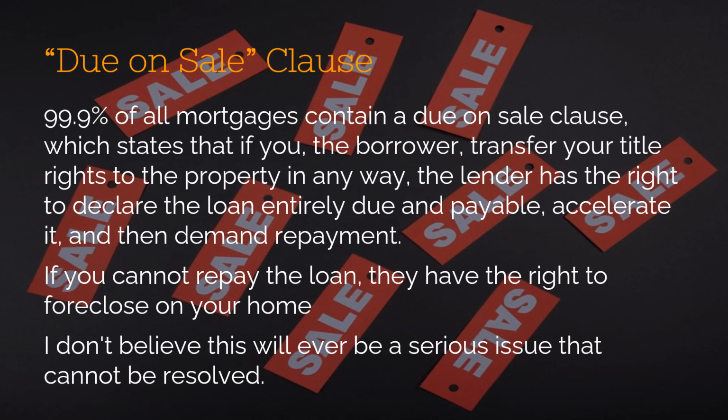But in case they do search for the title, that's when you do talk to them, like I have mentioned here, and then wait for their reaction. And 99% of them will not take the mortgage into default because they will be shooting themselves in the foot.